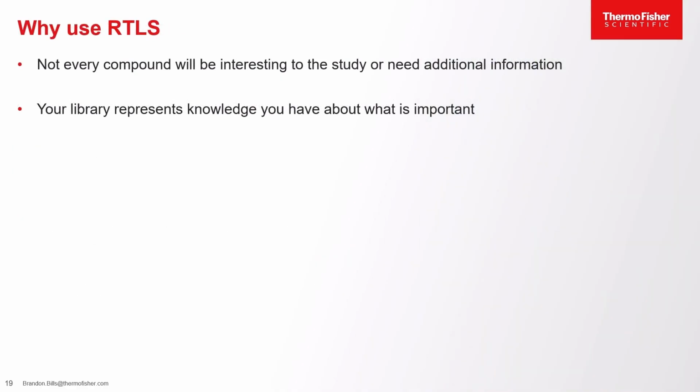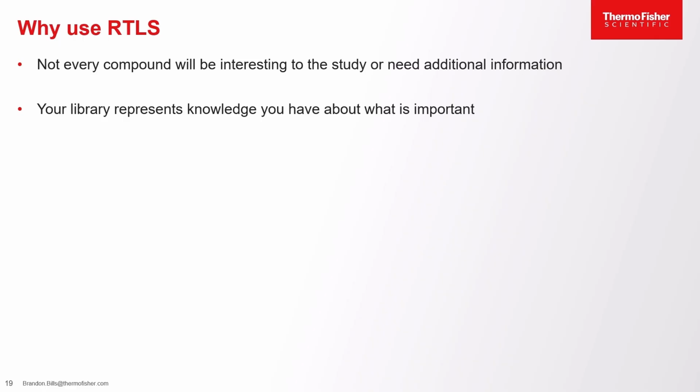Now, why would the researcher use real-time library search to accomplish this? Well, we know not every compound will be interesting to your study or need additional information. Your library represents your knowledge about what has been done before and what is important to you.